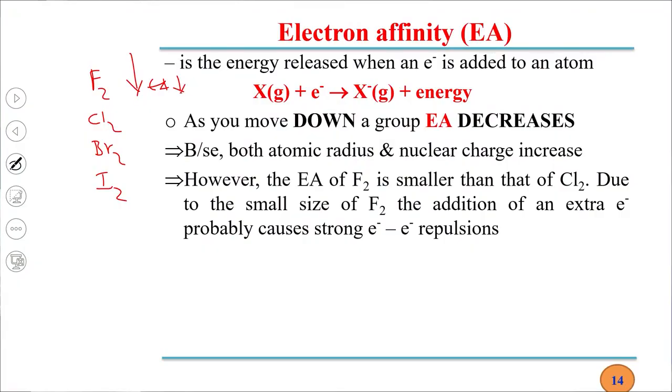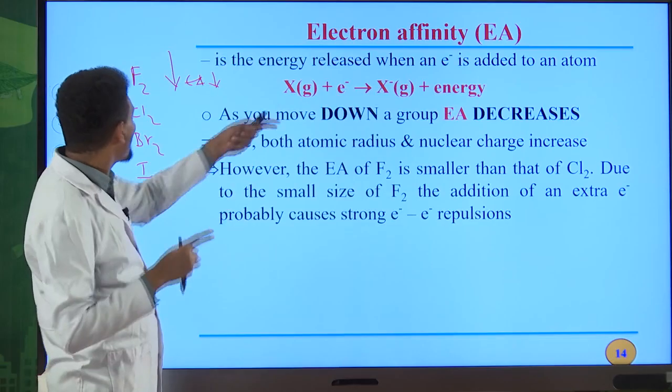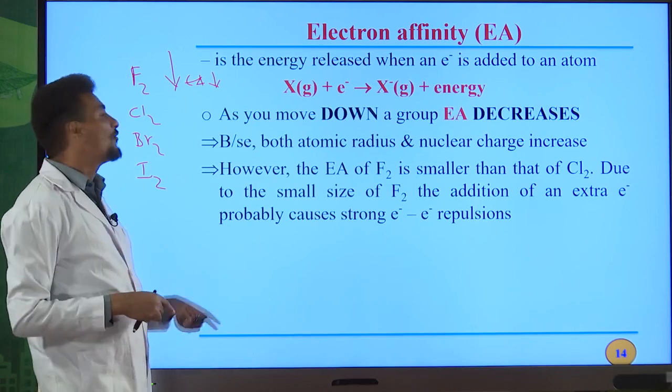So, according to this general trend, fluorine must have high electron affinity. But here, you should know that chlorine has high electron affinity when compared with that of fluorine. What is the reason? Because of the size of fluorine. Fluorine has a smaller size. Due to this reason, chlorine has high electron affinity when compared with that of fluorine.